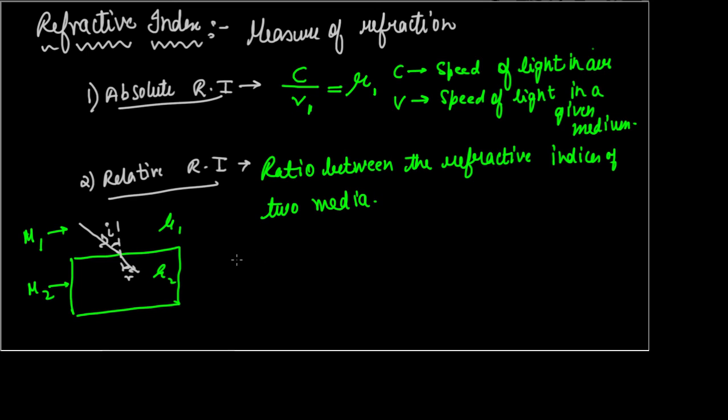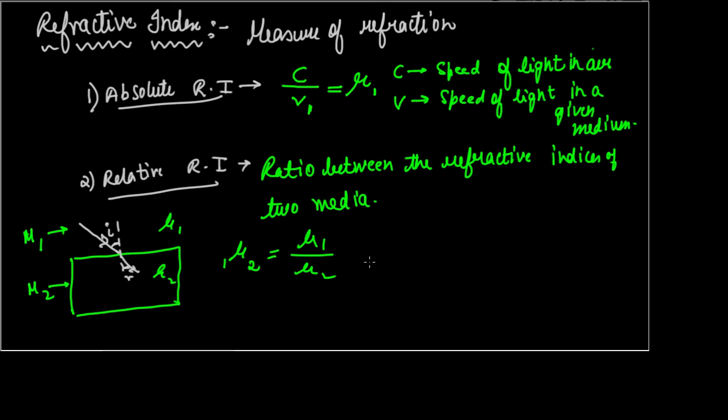So the relative refractive index of medium 1 with respect to 2 is equal to mu of 1 by mu of 2.